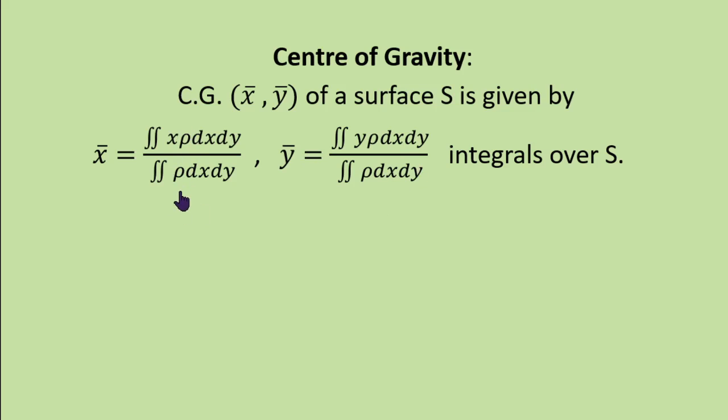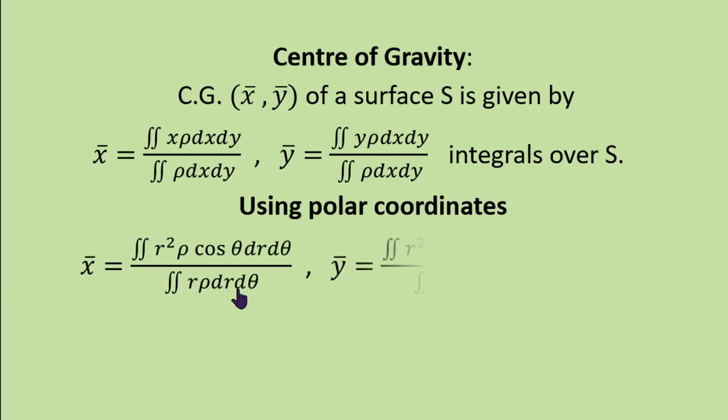So, if rho is constant, cancel rho. That is how we can calculate the center of gravity x bar, y bar in polar form. So, it is very easy to remember the formula in polar form. Put x is r cos theta, dx dy is r dr d theta, and y is r sin theta, dx dy is r dr d theta. So, you will get x bar, y bar if the area is given in polar form.